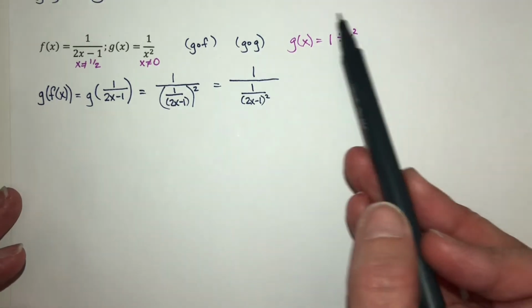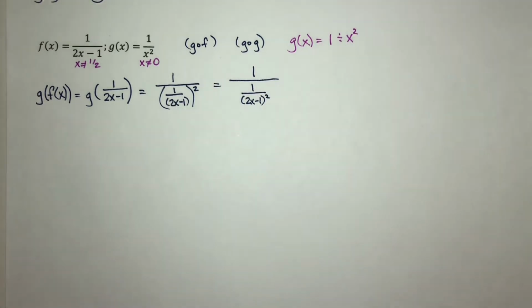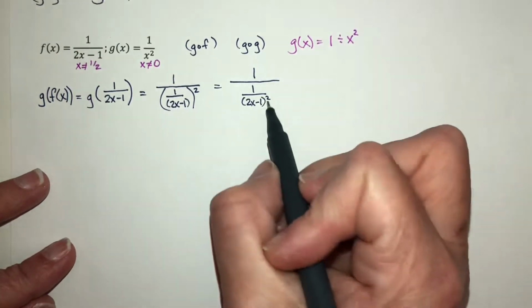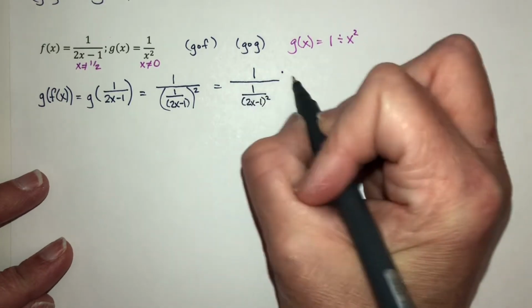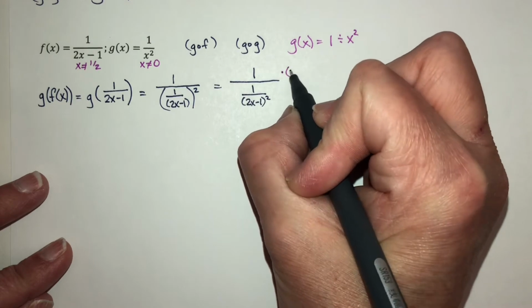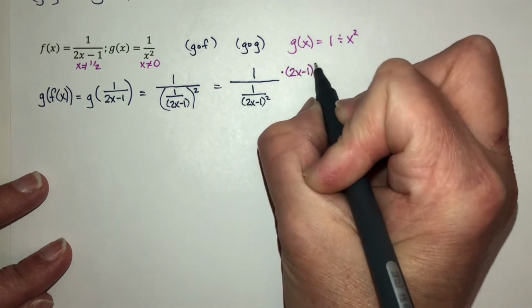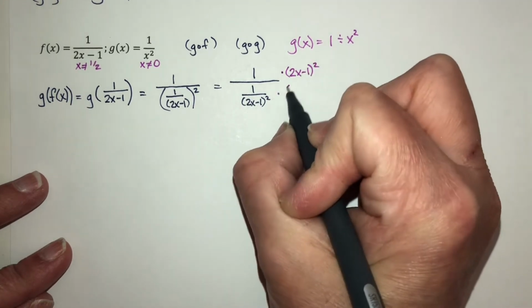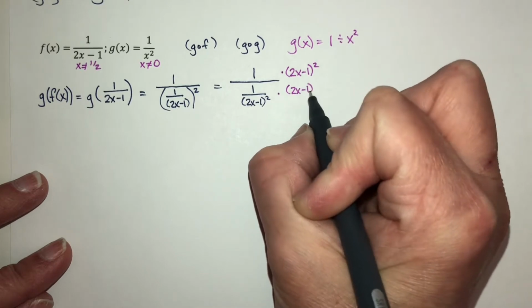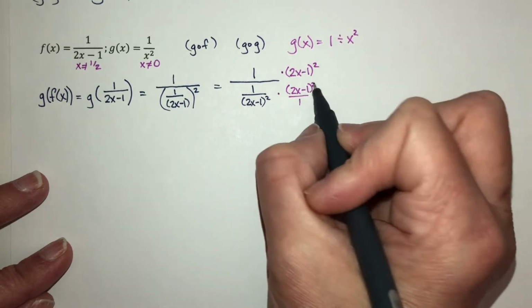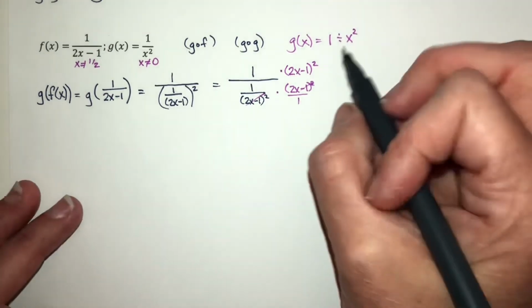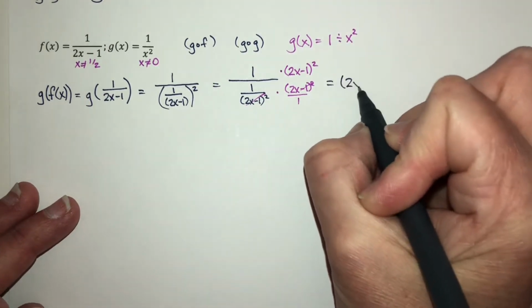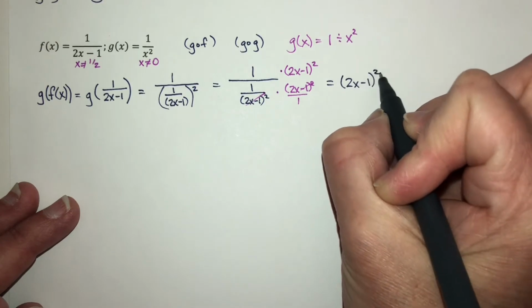Some people do write it as a division problem, but you can also clear this denominator by multiplying the top and the bottom of the big denominator by that value. And this is over 1, and that cancels out right there. So what do I have here? Simply 2x minus 1 squared.